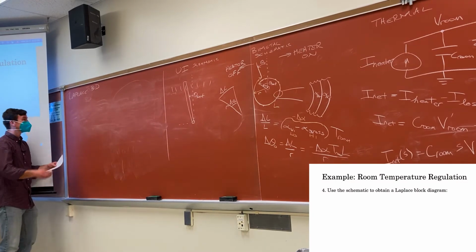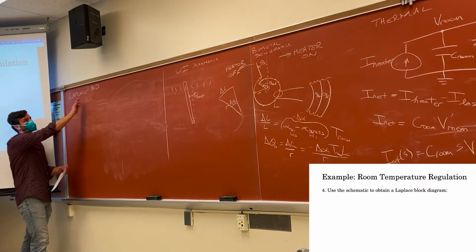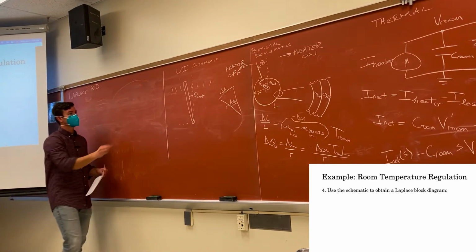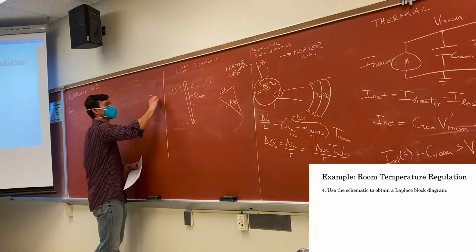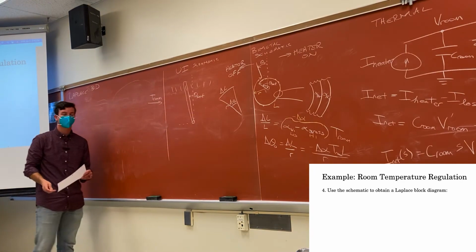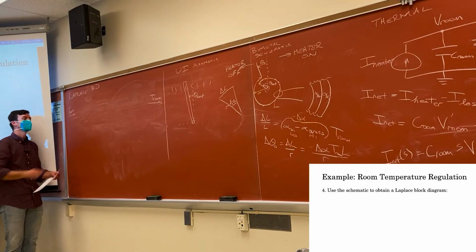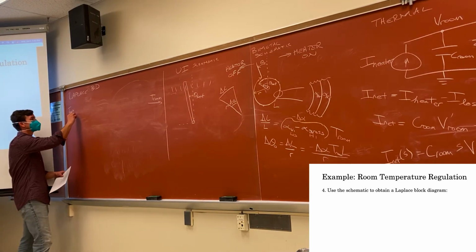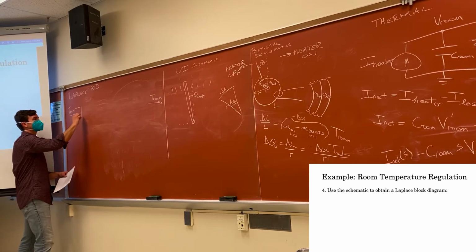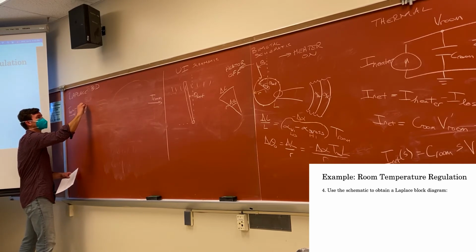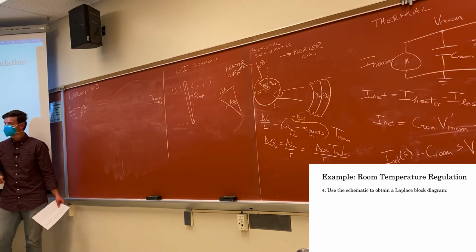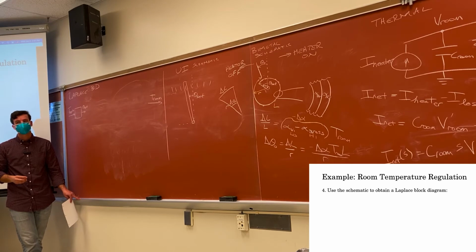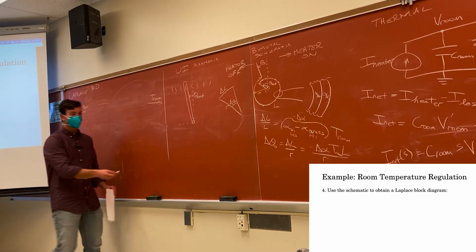All right, so our Laplace block diagram is actually going to have the same input and the same output as our functional block diagram. How should we convert the set temp to theta set? What's a good representation of that? I left that blank here, right?